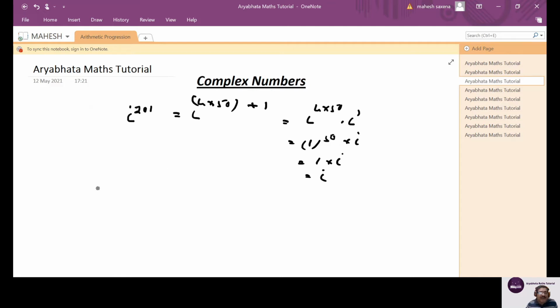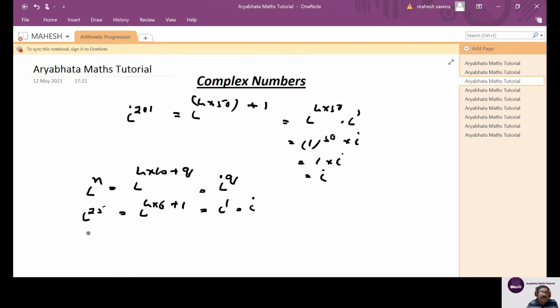Therefore, it is very simple. Suppose we have to find i to the power n, we will write n as 4P plus Q. Therefore, it is equal to i to the power Q. For example, i to the power 25 is equal to i to the power 4 into 6 plus 1, that is i to the power 1, that is i.